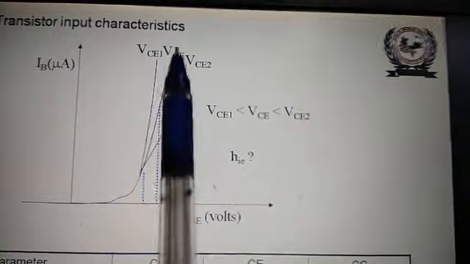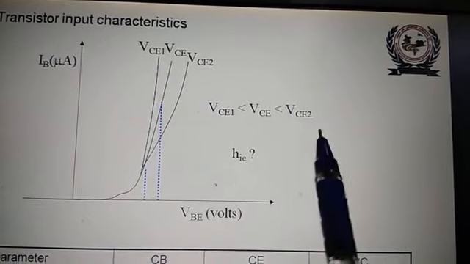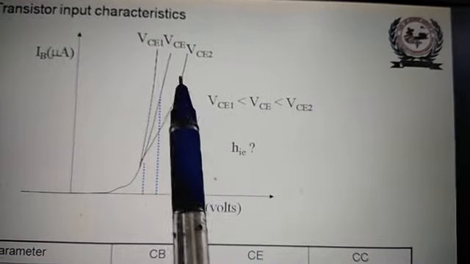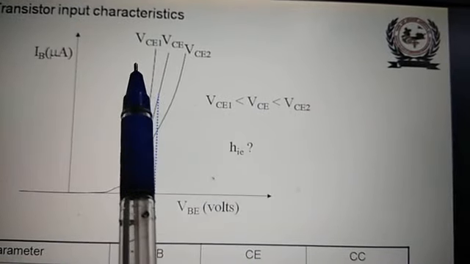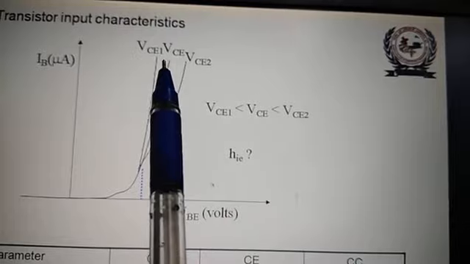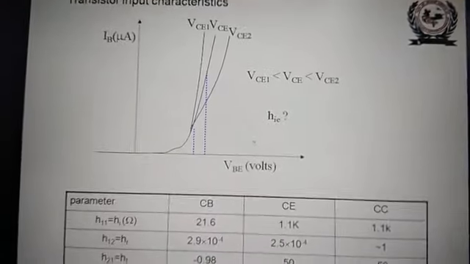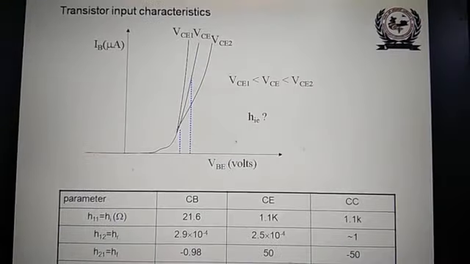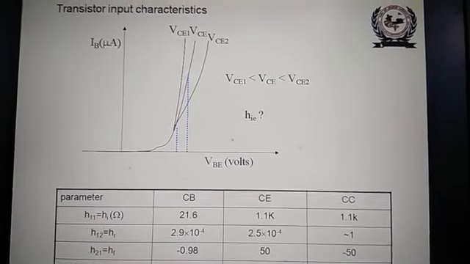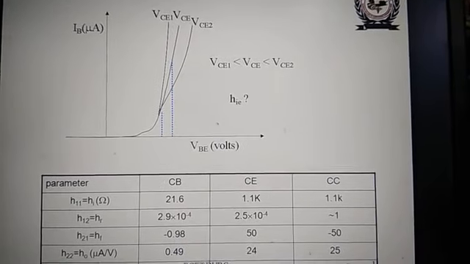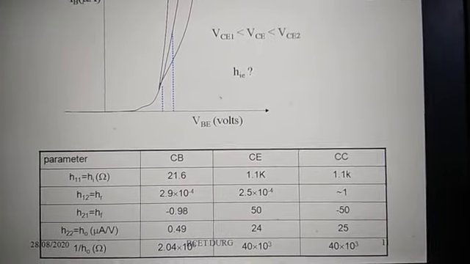These three characteristics are shown for different values of output voltage VCE. This is VCE1, which is less than VCE, and this is VCE2, which is greater than VCE. From these characteristics you can determine the input impedance HI, and from the output characteristics you can determine HO as well as HR.